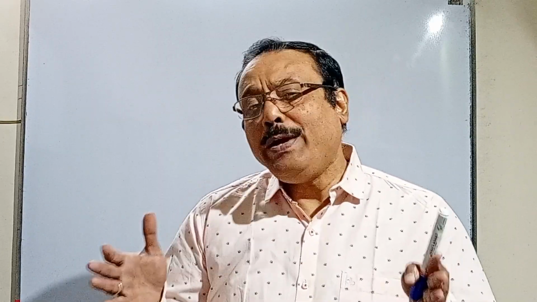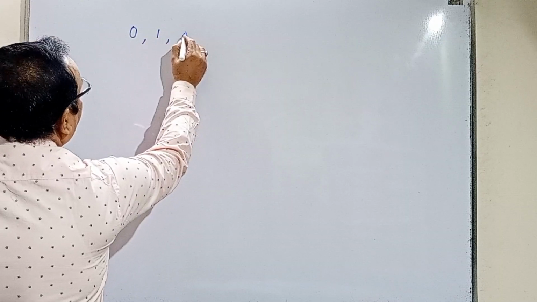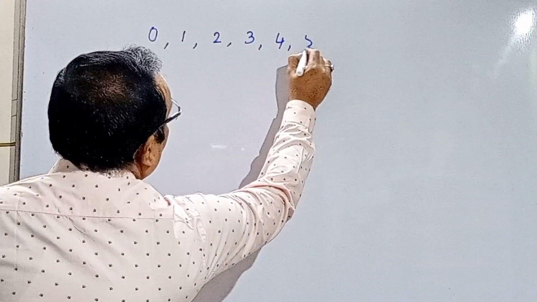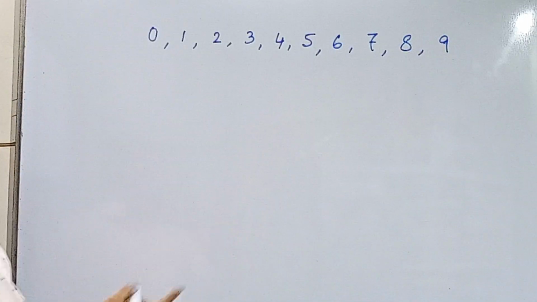But before I proceed into the number system, we'll go a little backwards, into which system actually we are working with. Now, in our daily life, in the mathematics that we do, we all are acquainted with these symbols. There are 10 symbols I have written.